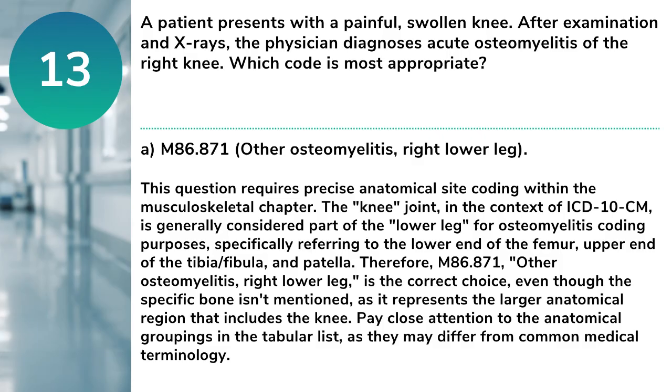Therefore, M86.871, other osteomyelitis, right lower leg, is the correct choice, even though the specific bone isn't mentioned, as it represents the larger anatomical region that includes the knee. Pay close attention to the anatomical groupings in the tabular list, as they may differ from common medical terminology.